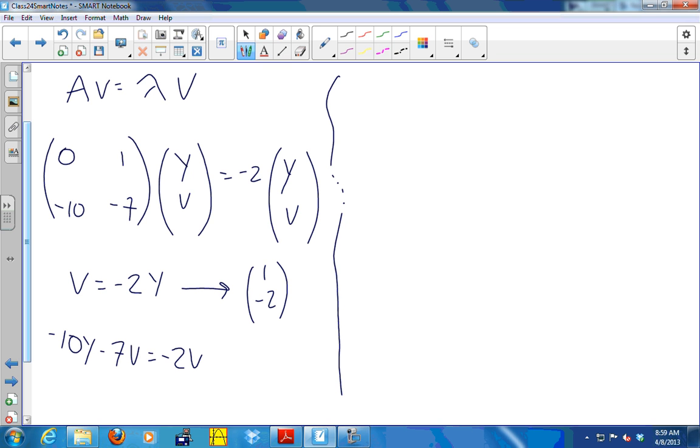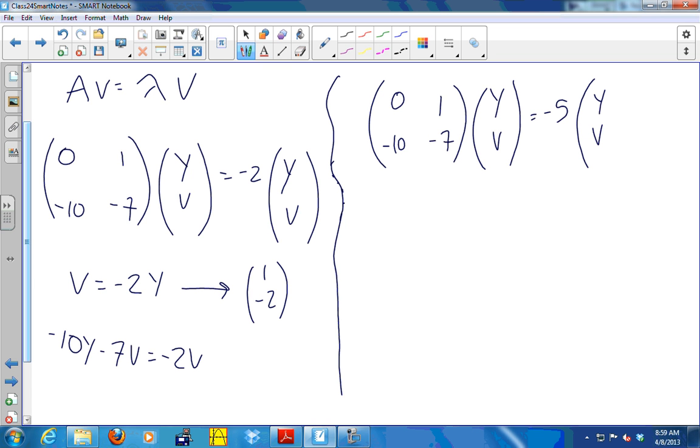Okay, then we do it again to get the eigenvector associated with the other eigenvalue. 0, 1, -10, -7 times y, v equals -5 times y, v. So I get v equals -5y.